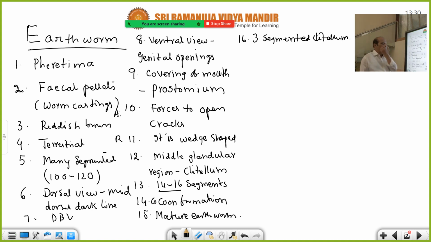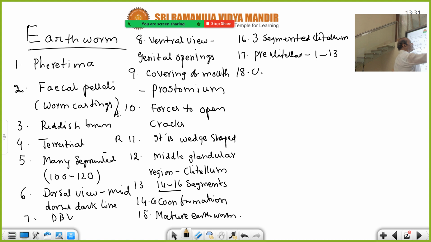Based on the clitellum, the body of the earthworm is divided into 3 regions: pre-clitellar. Already we have given about this. Pre-clitellar segments: how many? 1 to 13.